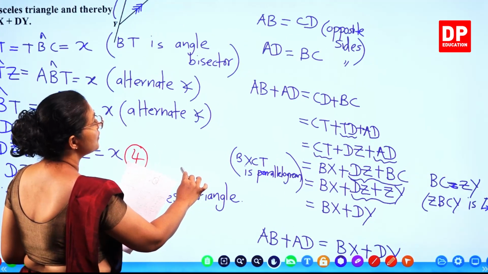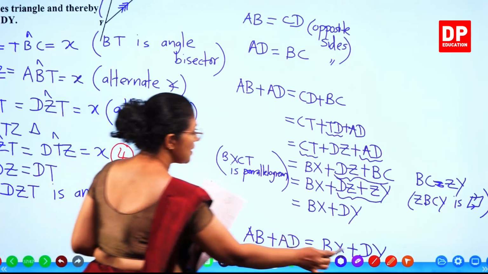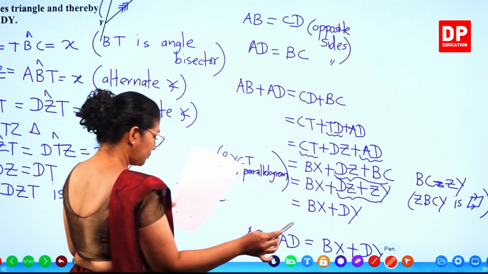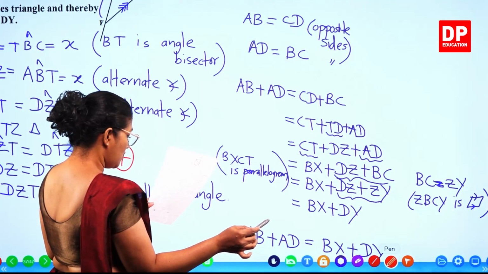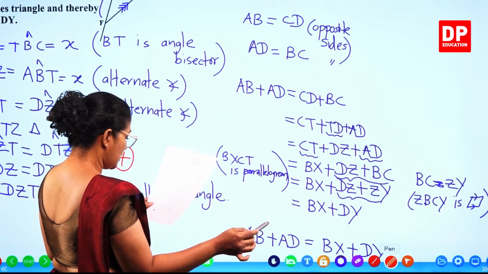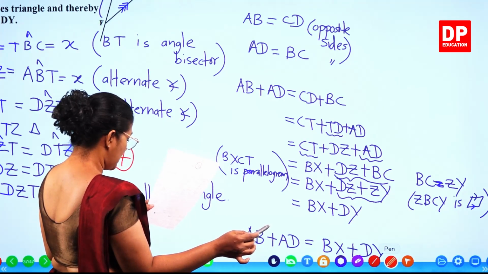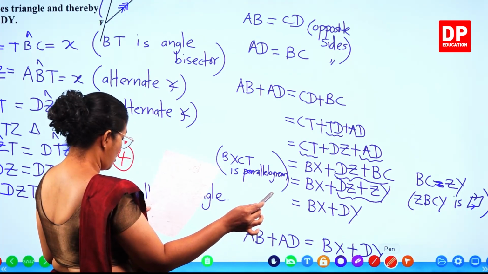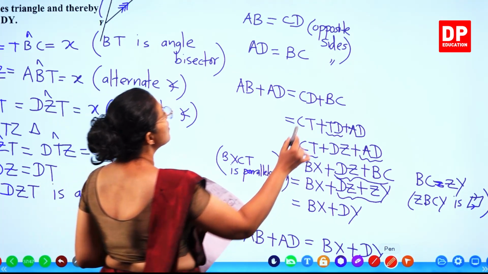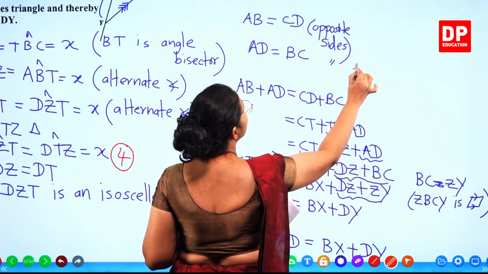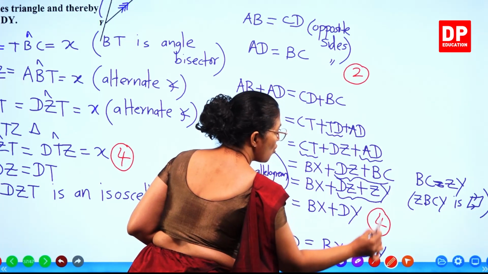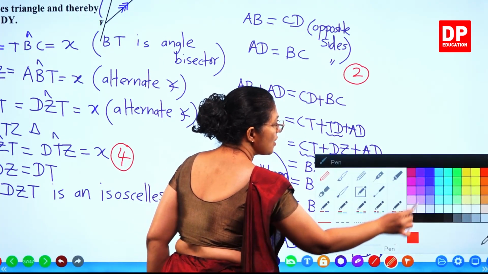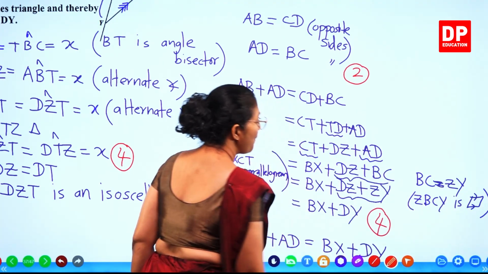So here, to show that opposite sides are equal, you can give 2 marks. And showing all these steps, 4 marks. So altogether 10 marks for the whole question.